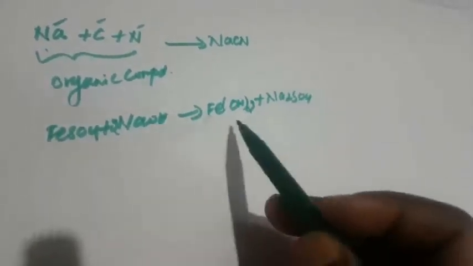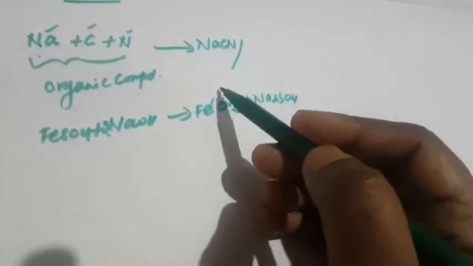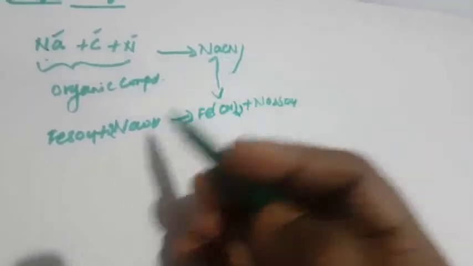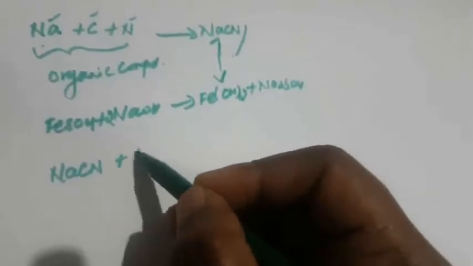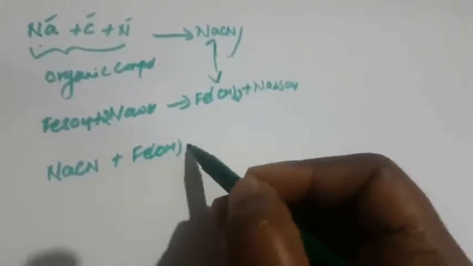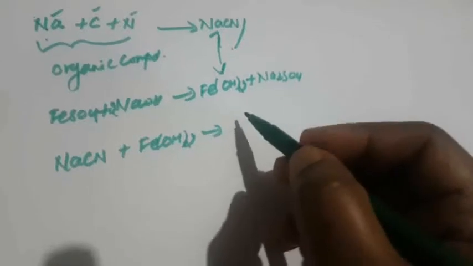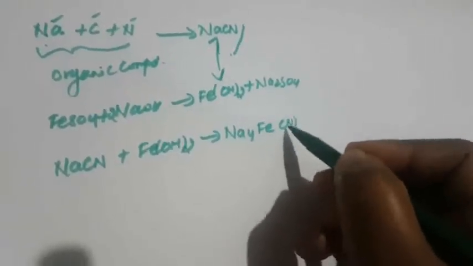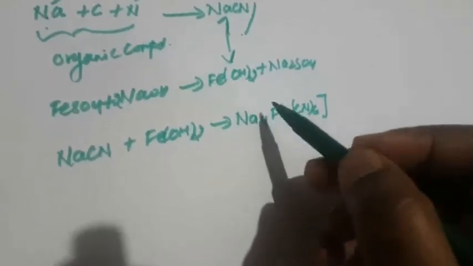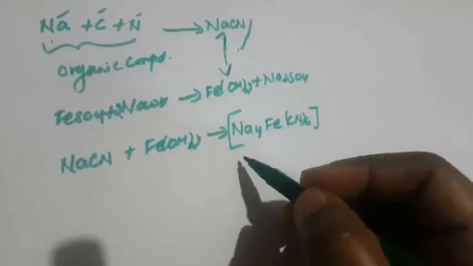Then we mix this with the sodium cyanide, and with the ferrous hydroxide, sodium ferrocyanide, a complex compound, will be formed.